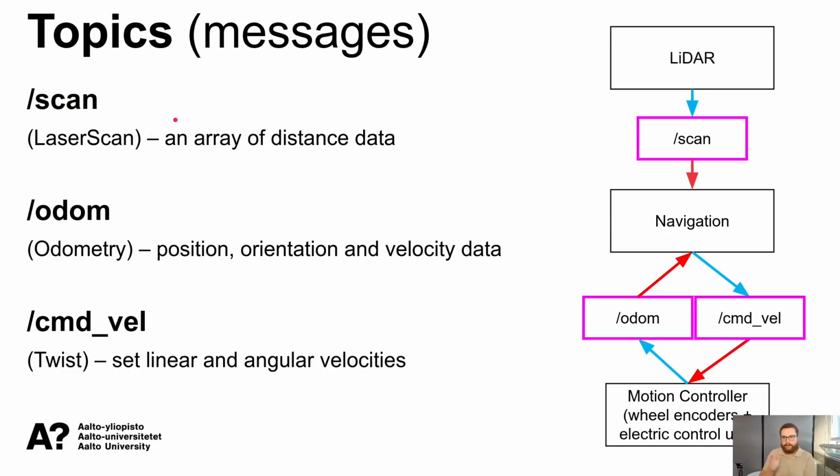So basically, the LiDAR range readings. The /odom could contain the odometry information, so position, orientation, velocity of the robot. And these velocity commands could be a message type twist, which are linear and angular velocities that we are giving as commands for the motion controller. So how we want to control the robot.